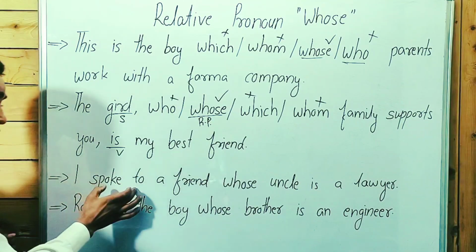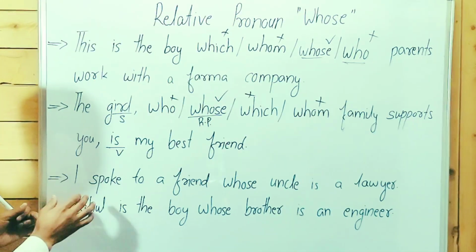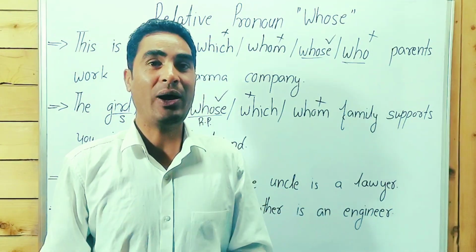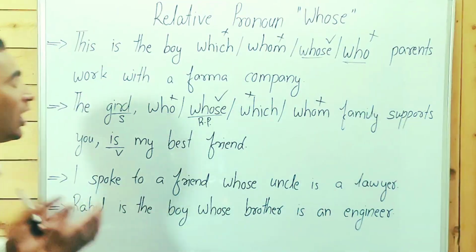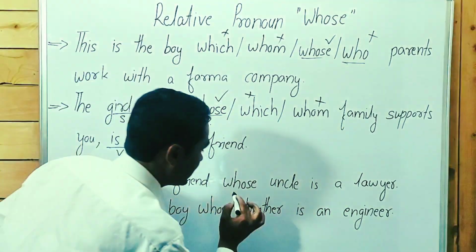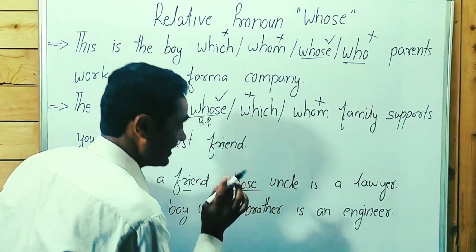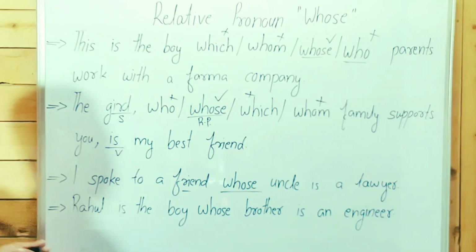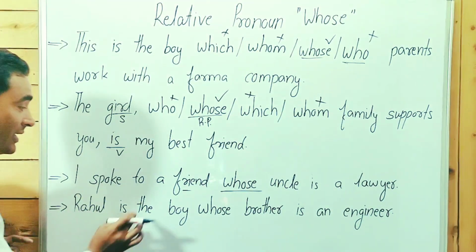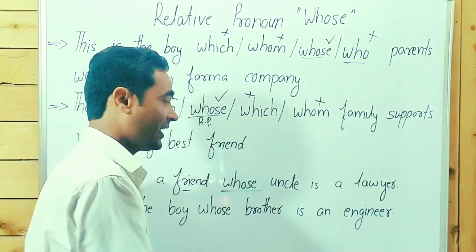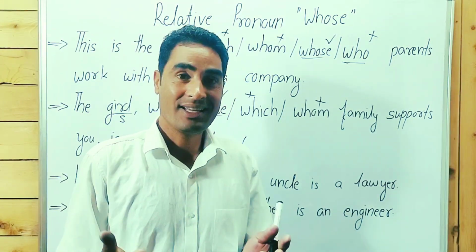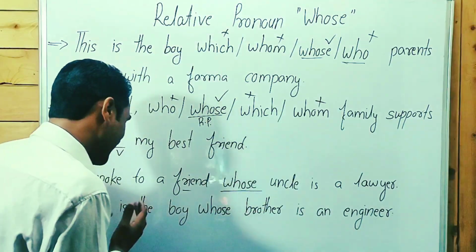Okay, another example: I spoke to a friend whose uncle is a lawyer. Here, to show possession, the antecedent is friend and the relative pronoun is "whose."